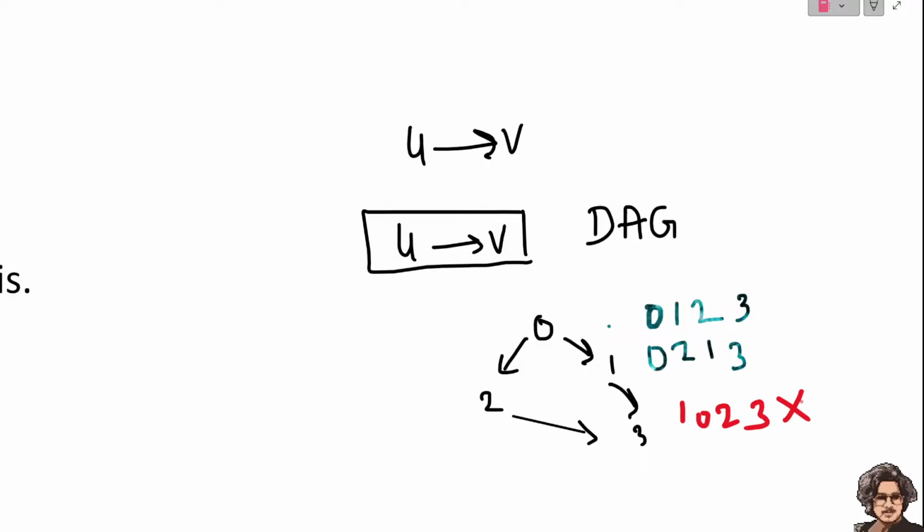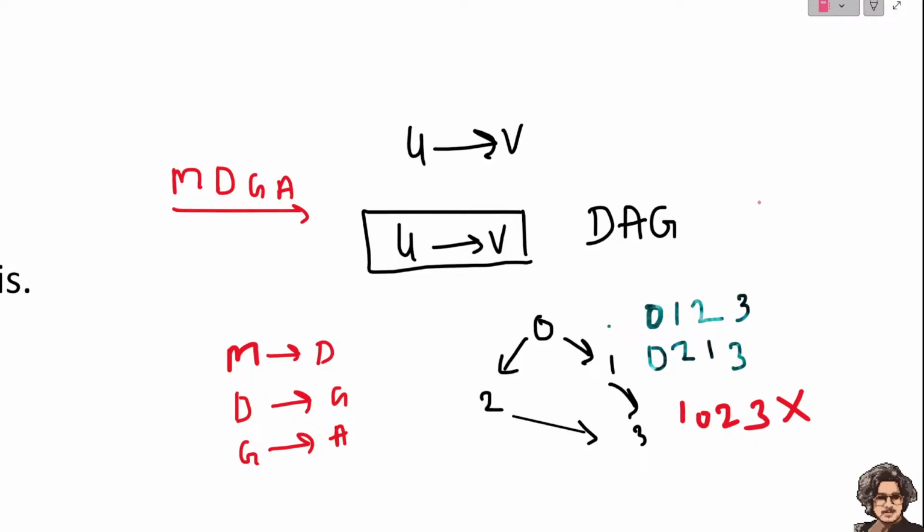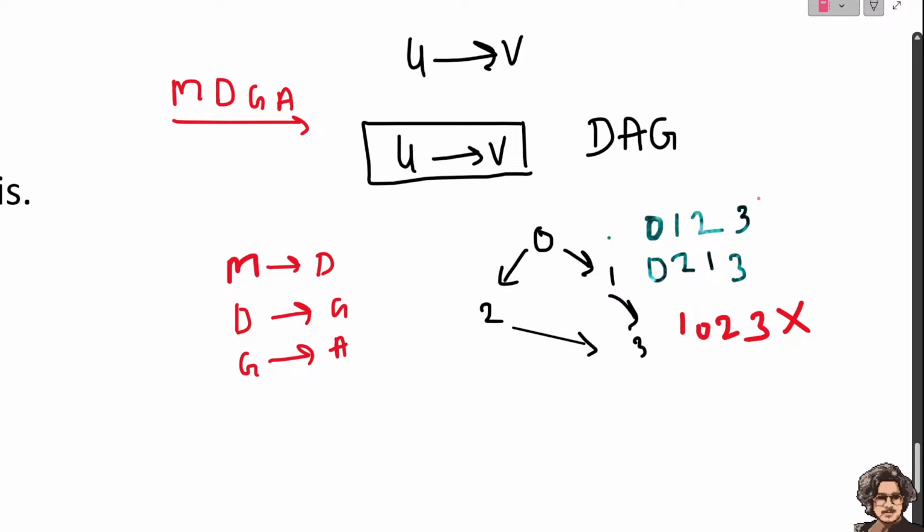For course scheduling, we take math before DSA, DSA before graph, and graph before advanced algorithms. So we write math, DSA, graph, advanced algorithms. This is topological sorting. Same in microservices: databases, authentication service, API gateway, and the front end.